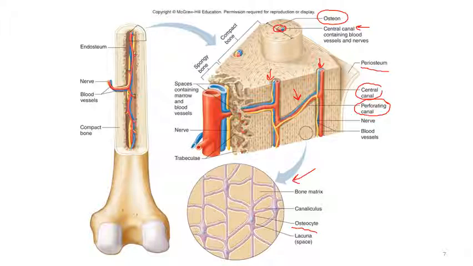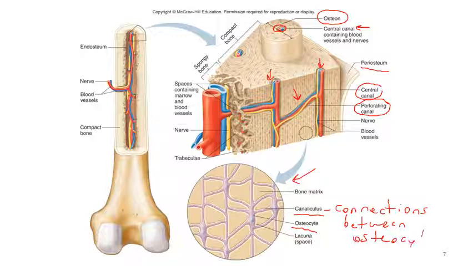But what I wanted to also show here, canaliculus, this means the connections, and think roads, bridges, connections between the osteocytes. This is how the osteocytes can communicate with each other. They can send nutrients to each other, messages to each other.